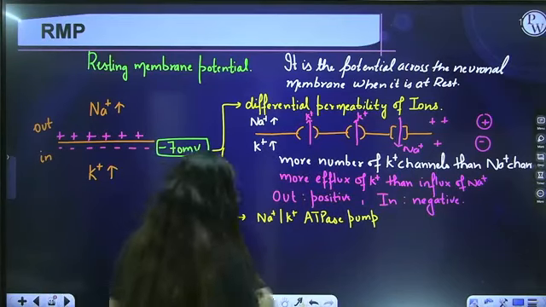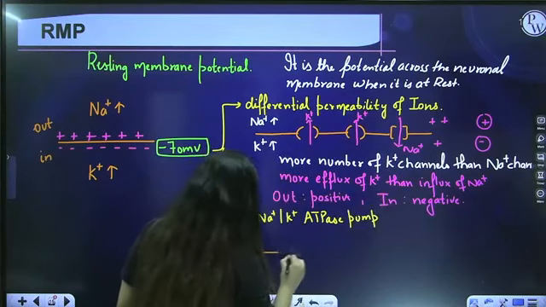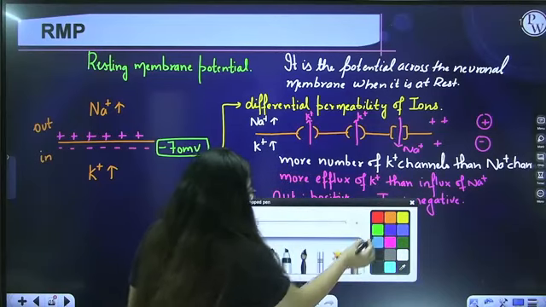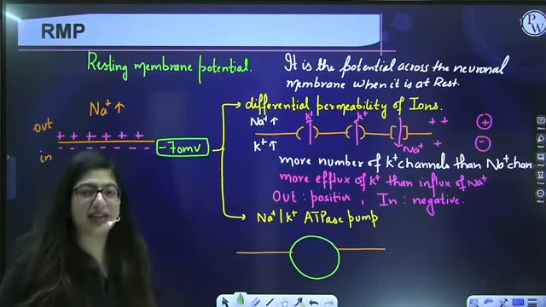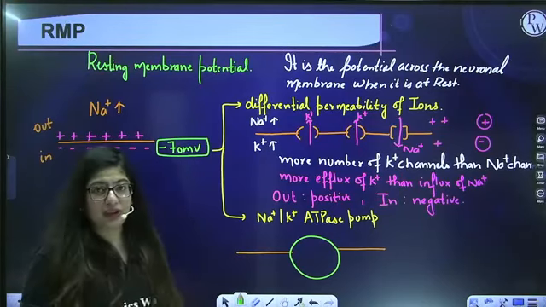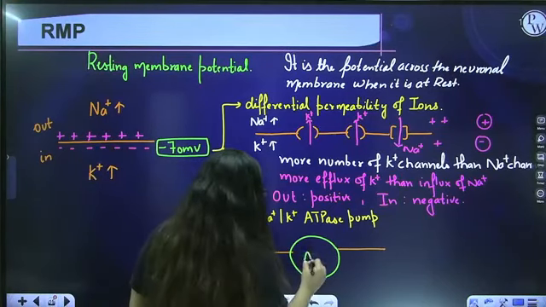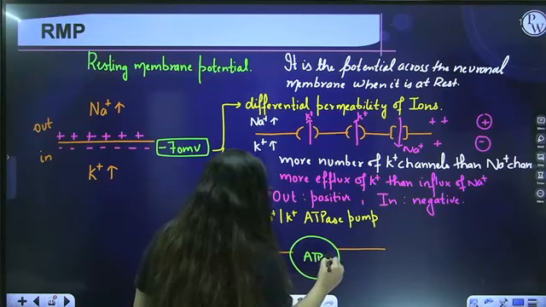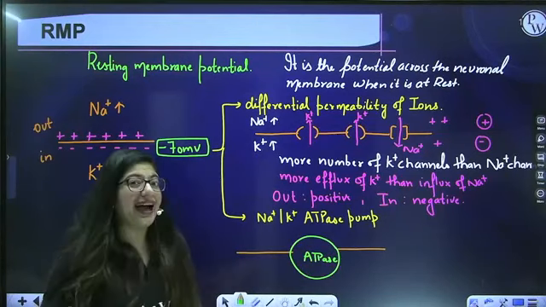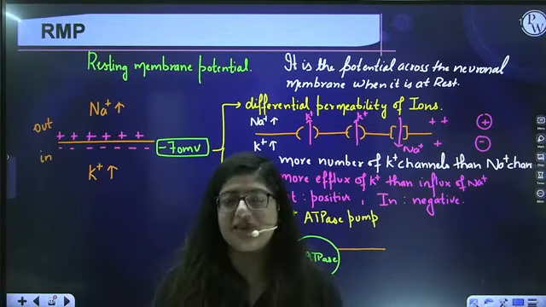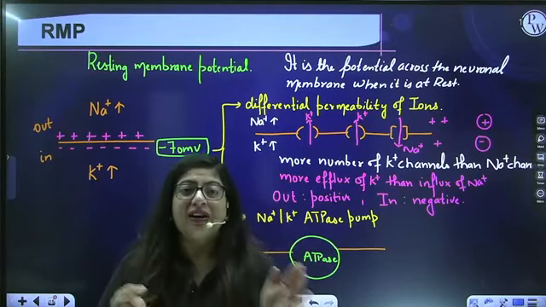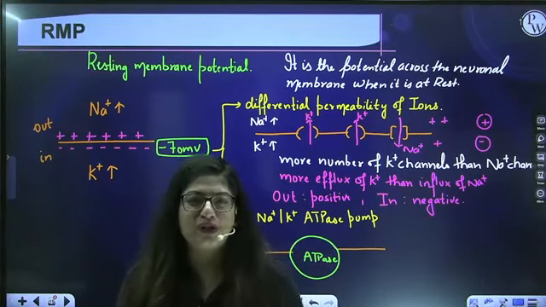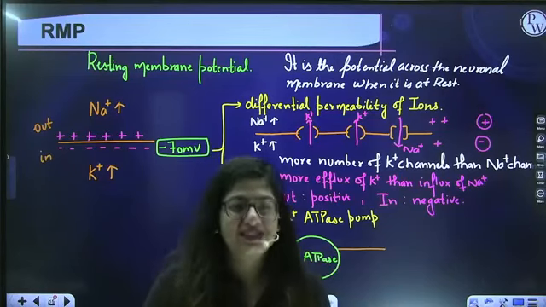For example, if this is the membrane, certain proteins are present in it. These proteins act as ATPase. And they have seats. You heard it right, seats. These seats are not for you to sit on. These seats are for the ions to sit on.